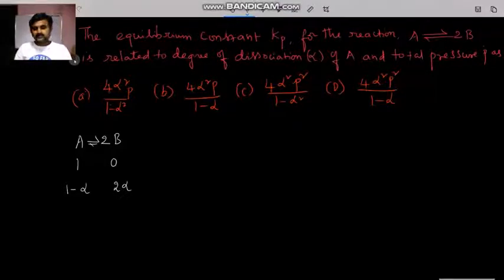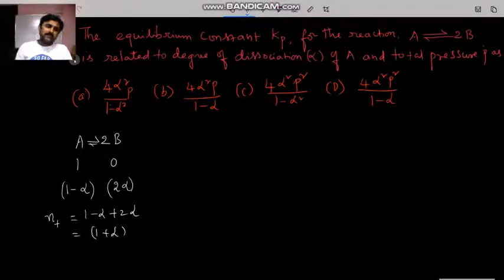So A is 1 minus alpha, B is 2 alpha. What is the total number of moles? Total number of moles will be 1 minus alpha plus 2 alpha, which becomes 1 plus alpha.